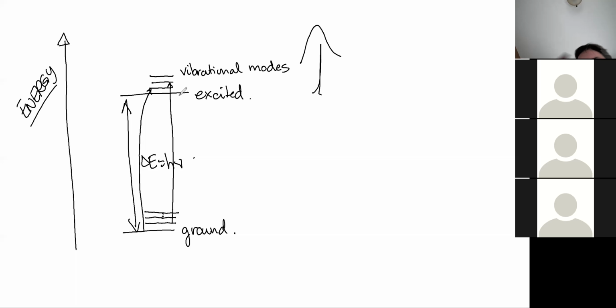There's a whole bunch of things that'll fit into that area. So the rotational and translational modes are even smaller than the vibrational ones. So for the spectra, they tend to be very broad, which is interesting.